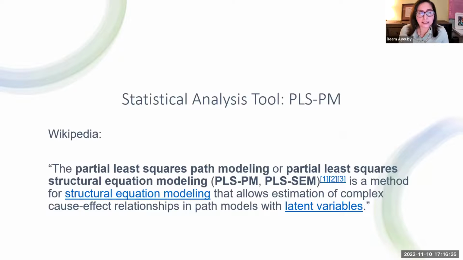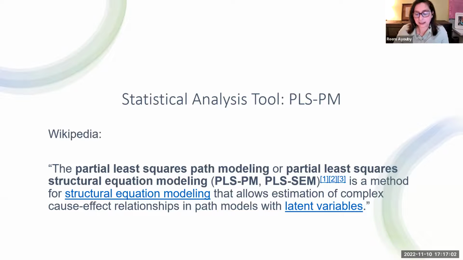Partial least squares path modeling uses regression and correlation to see, as the level of some variables goes up, does the rest of the model follow or not? And it also assesses mediation and moderation.